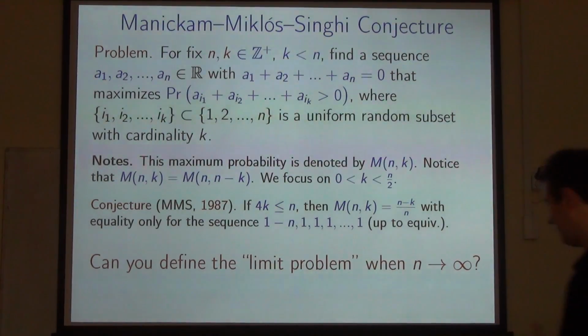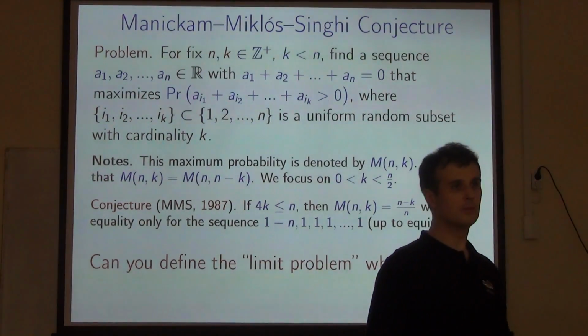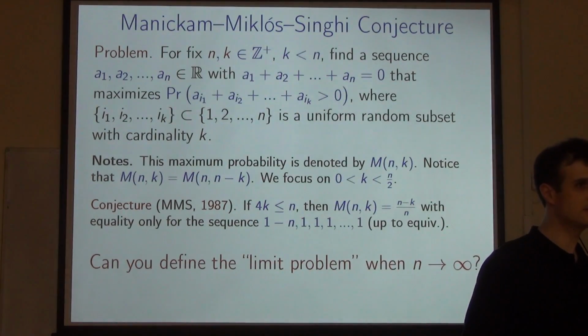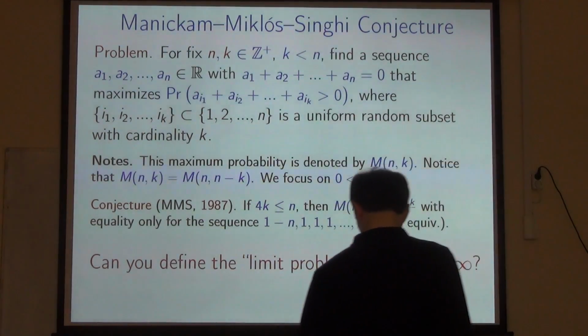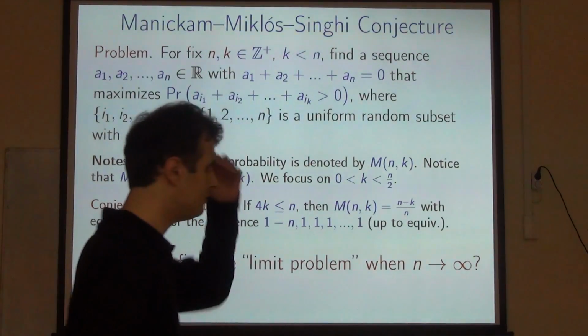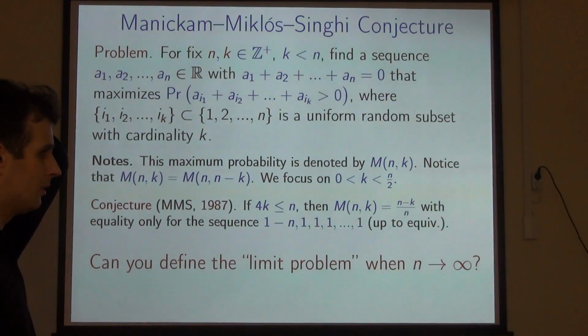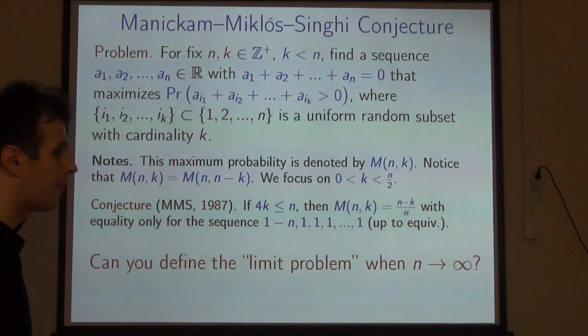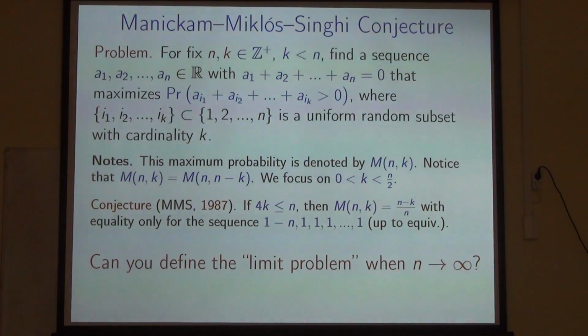So if instead of having the condition that they sum up to 0, we change this to the expected value, then we have an equivalent problem.